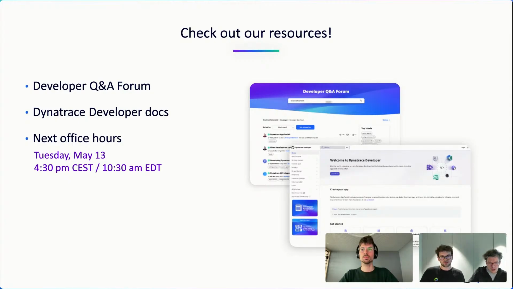June 11th should be our next office hours. Or 10th, yes. You're right. So June 10th should be our next office hours. Carrie confirmed it, June 10th, yes. So June 10th, 4:30 p.m. Central European Standard Time, and 10:30 Eastern Standard Time for the US.